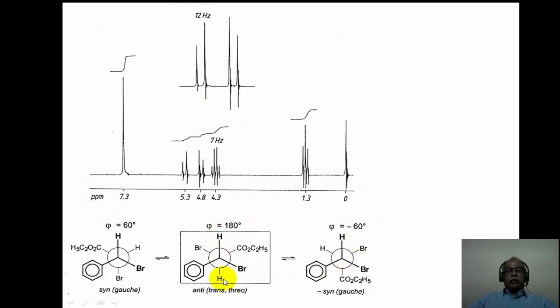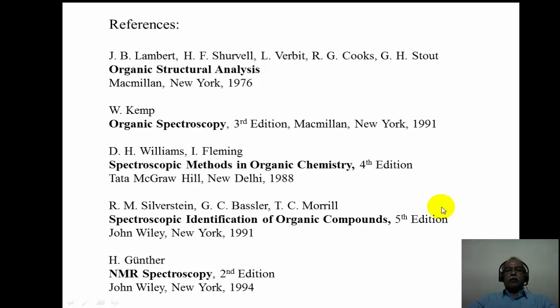This hydrogen and this hydrogen form an AB quartet, which is shown here. And the CH2 of the ethyl ester group is a simple quartet, which is this particular signal here. So essentially, from the coupling information, you come to the conclusion that this is the most predominant isomer in the solution of the three conformers that are written for this particular molecule.